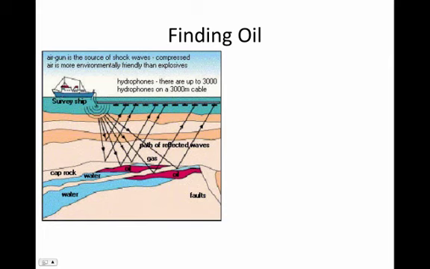On land or in the sea, we can send out certain types of sound waves which will bounce back to a hydrophone or a receiver, and this receiver detects how quickly it came back. A computer can tell, based on the fact that oil and water have different densities, whether there's oil underground in the crust in different sedimentary rocks.